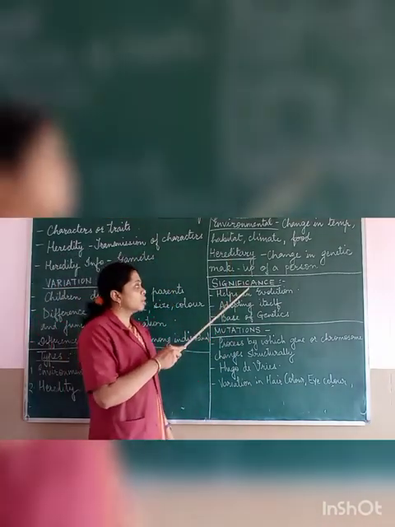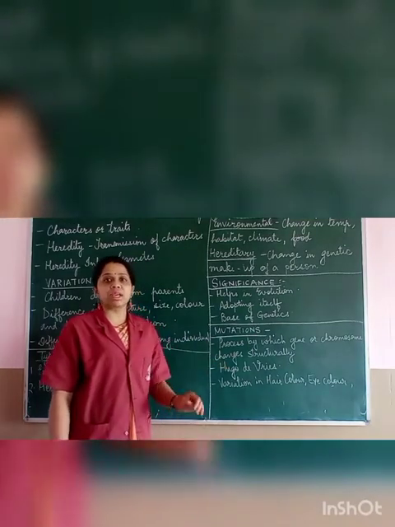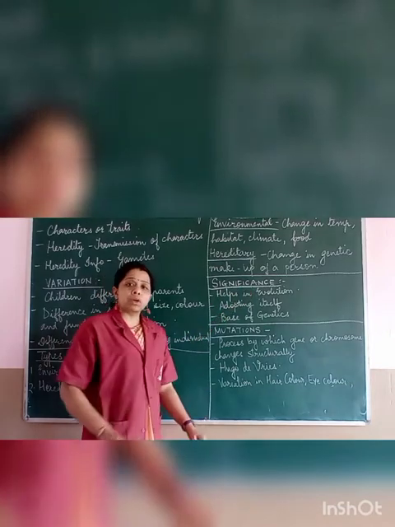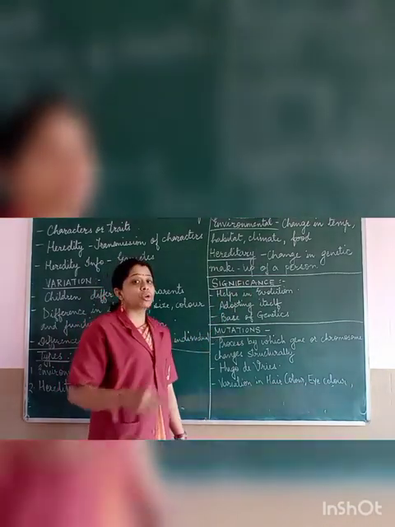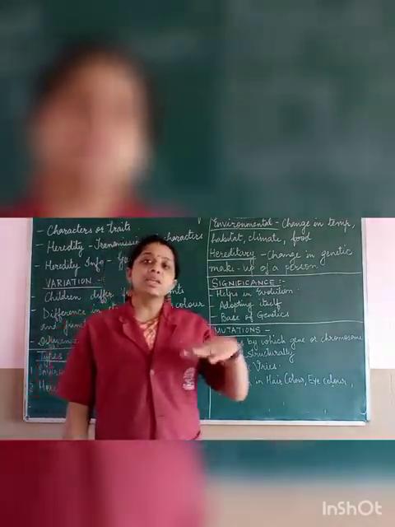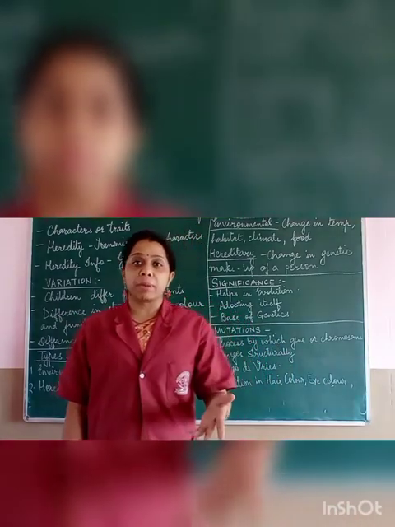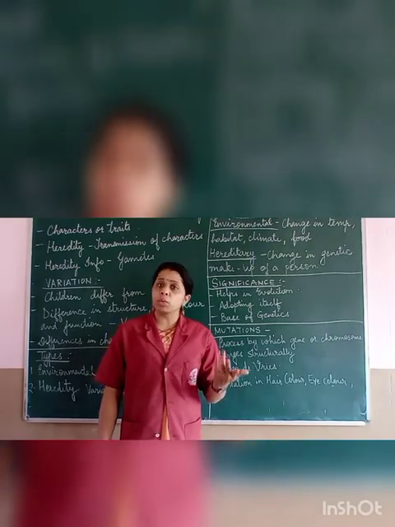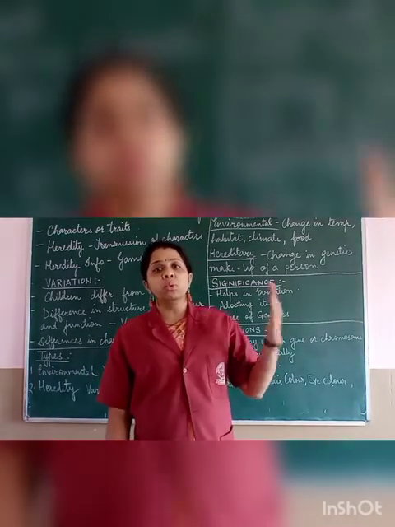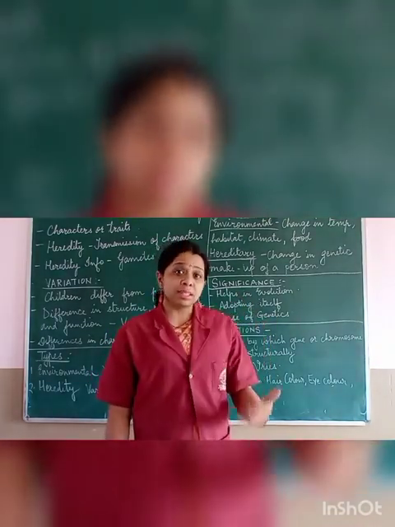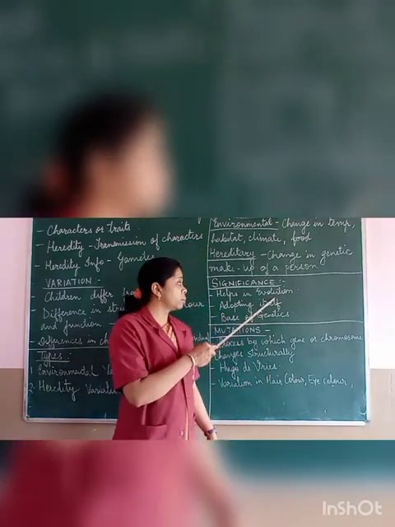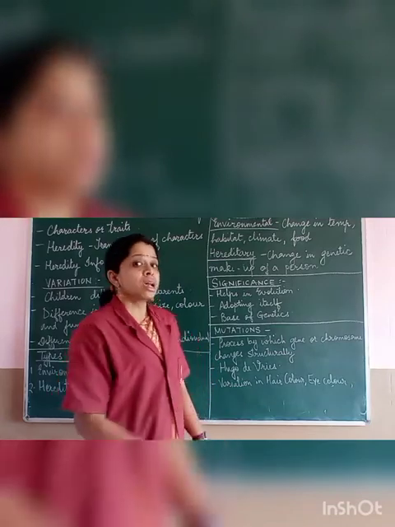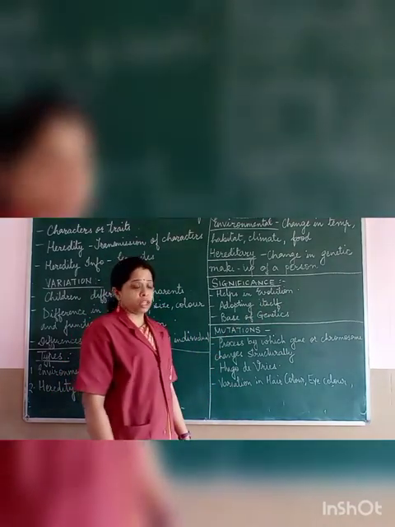Now, what is the significance of variation? First and foremost, variation helps in evolution. Evolution is the development of new species, and the development of new species is very important so as to continue life on earth. This continuation of life is brought about by evolution, and variation thus causes evolution in nature.